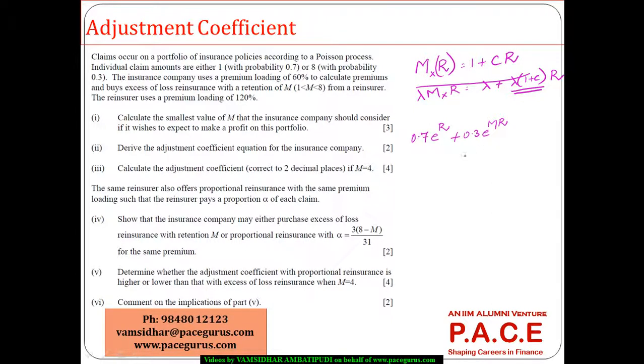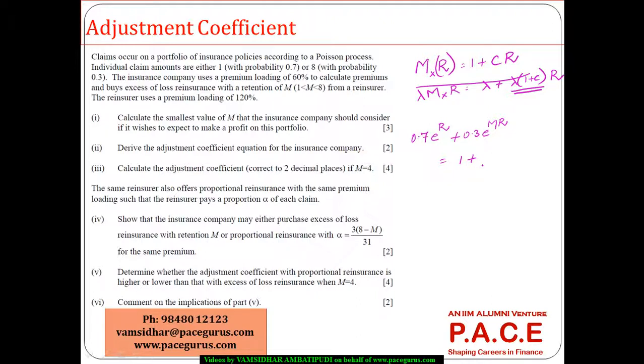So this is the moment generating function on the left hand side, and on the right I have 1 plus c. The c is the net premium amount that is getting paid.